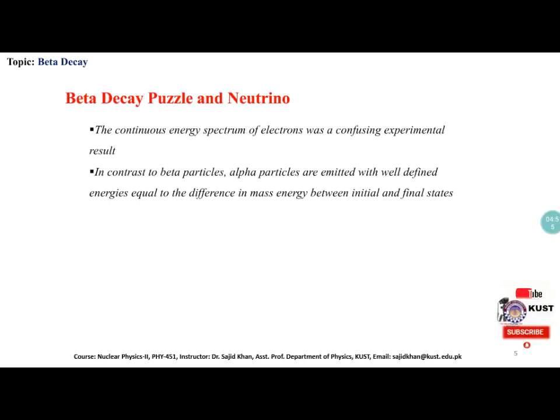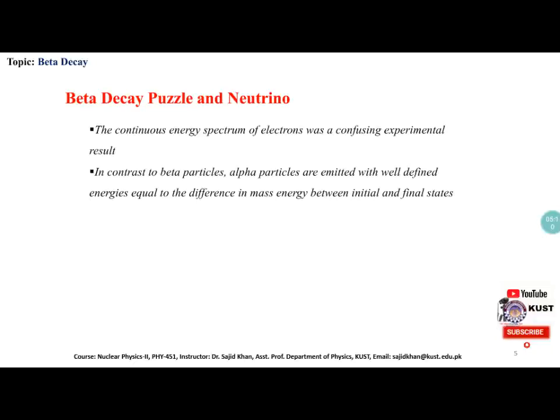Okay, so if we compare this beta decay process with alpha decay, then alpha decay is actually a two-body problem, where we have the alpha particle and the daughter nucleus.